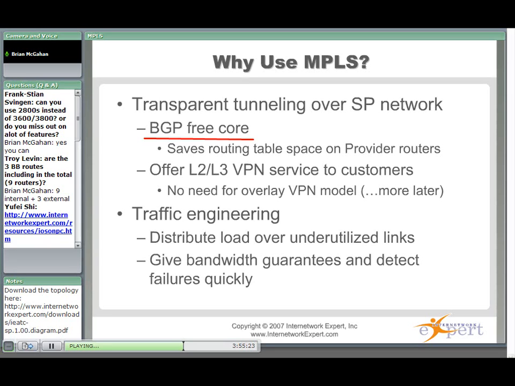Because as it is now, the full global internet table is above 200,000 routes. So if you're looking for devices in the transit path that have very fast forwarding capabilities, you don't want them to have to look through a table of 200,000 routes every time they want to switch a packet between interfaces. So MPLS is going to greatly reduce the number of entries that we have in our forwarding table by using this principle of tunneling the traffic between individual sites.